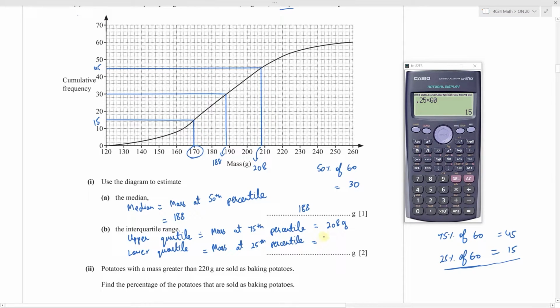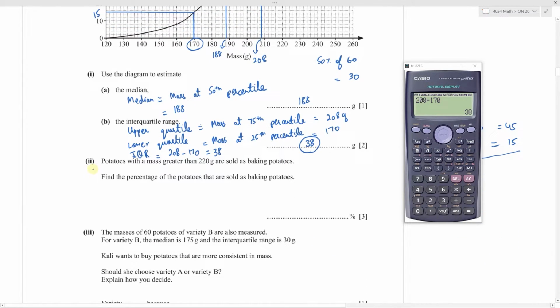So your lower quartile value is 170, and then your interquartile range, I can write it as IQR, is 208 upper quartile minus the lower quartile, which is 170. So 208 minus 170 is 38.